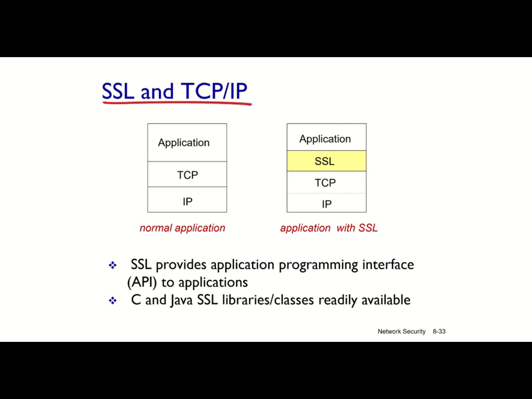Similar to the internet programming techniques that we learned in the third chapter, SSL also provides some programming interfaces, and you can use C or Java SSL libraries to write the programs that use SSL secure connections for transferring information.